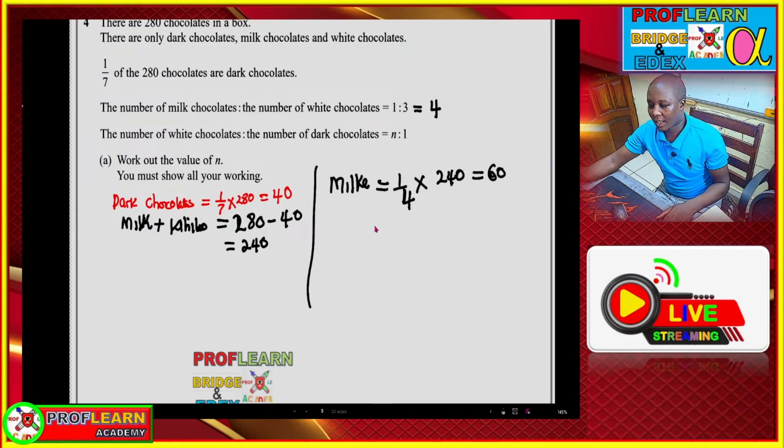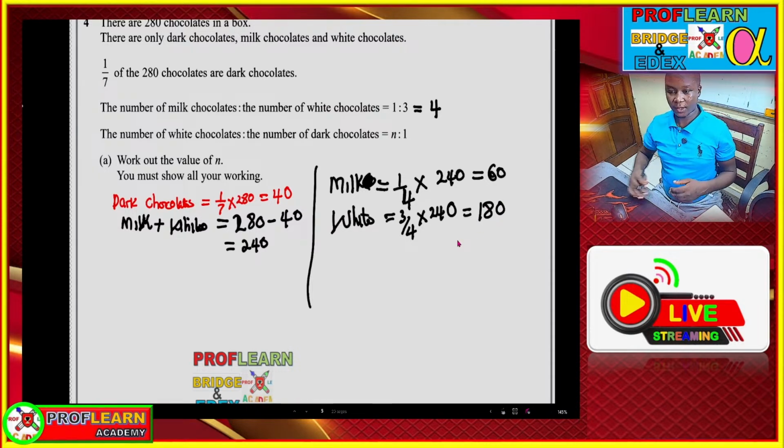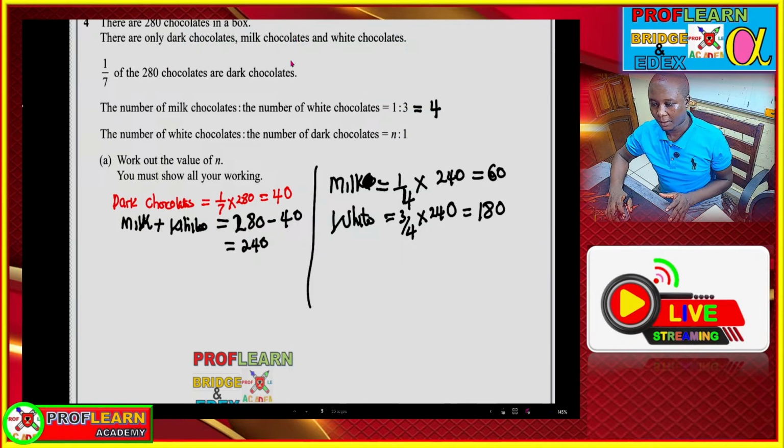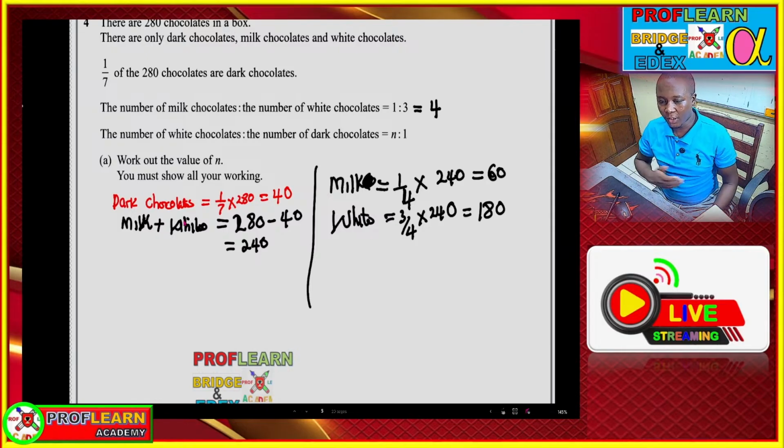And then white chocolates is going to be 3/4 times 240, and if you work it out here, 4 goes here 6 times, so this is going to be 180. So from here you can see we have now worked out the number of each type of chocolates in this particular question.